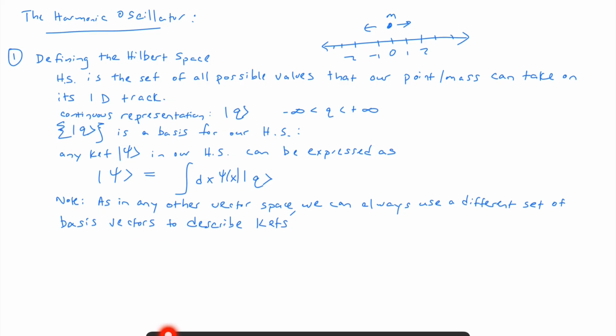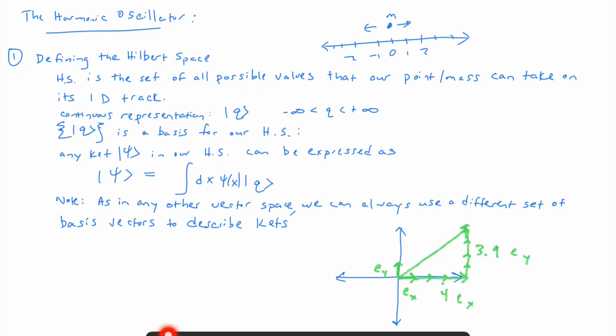But as with any other vector space, of course, remember, we can always use a different set of basis vectors to describe kets. So I'll just illustrate that geometrically. Let's just say we have a vector here. This is just an old-fashioned two-dimensional picture of a vector. We can pick our basis vectors, E_X and E_Y, and then we can coordinatize this vector and say that this is 4 E_Xs and 3.9 E_Ys.